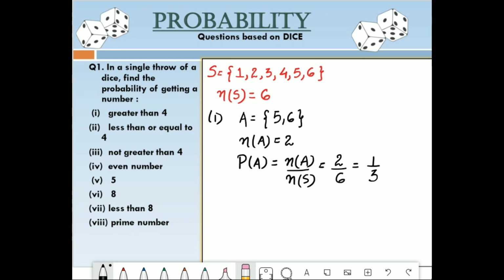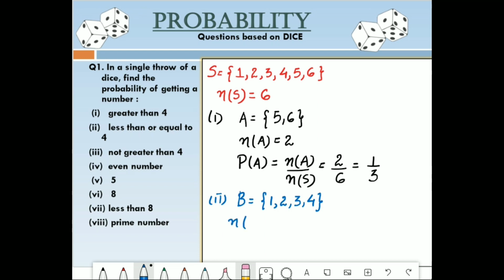Now we will solve the second part. In the second part, we are looking for a number less than or equal to 4. A number less than or equal to 4 can be 1, 2, 3 and 4.